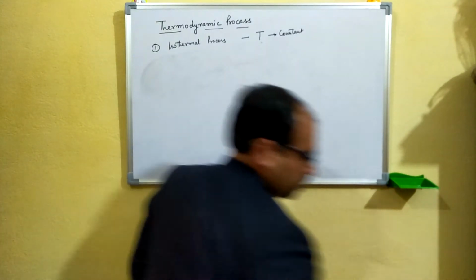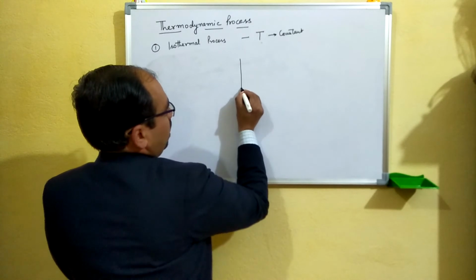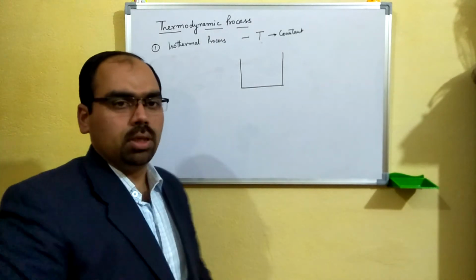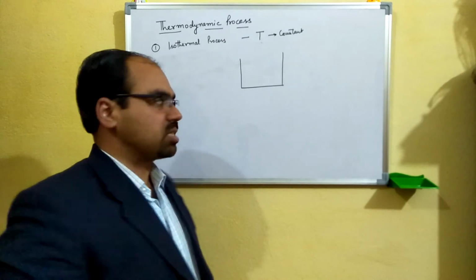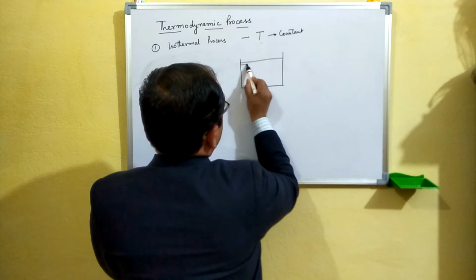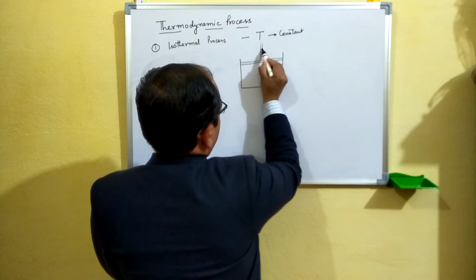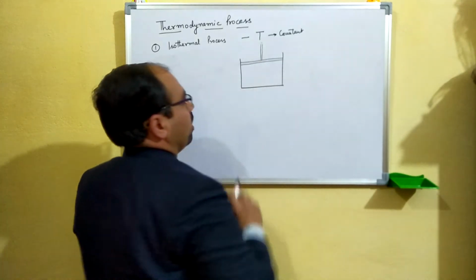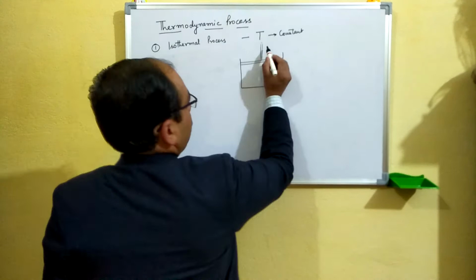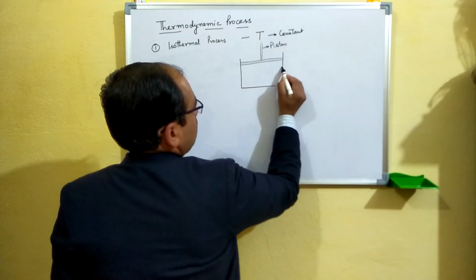Now consider a system containing a gas filled in a container provided with a frictionless piston, which is moving inward or outwards without causing an increase or decrease in temperature due to friction. This is your piston. This is the container.